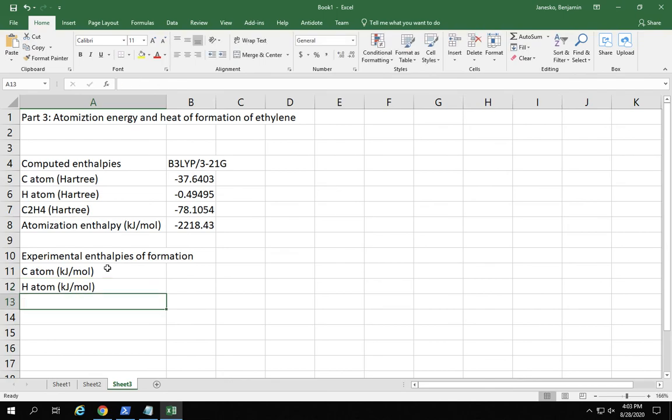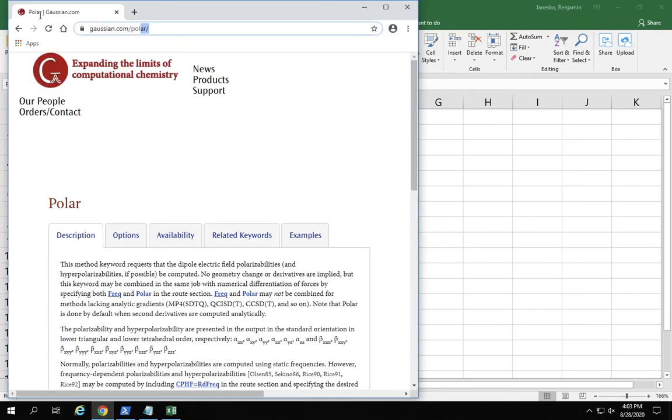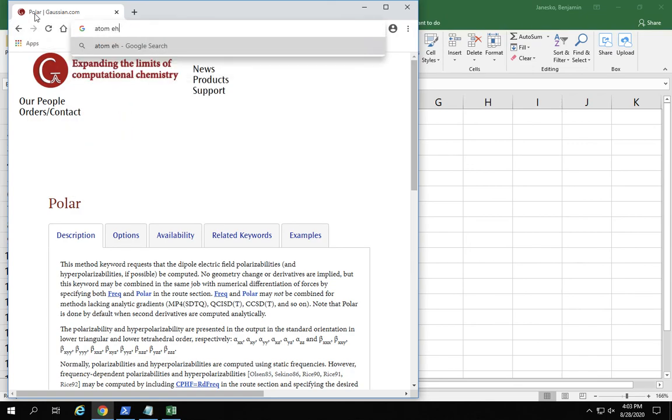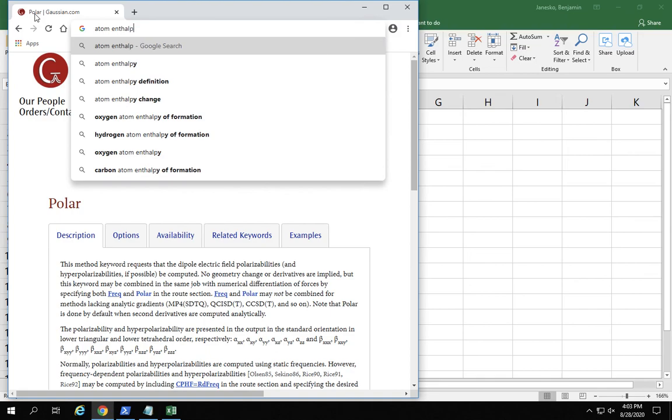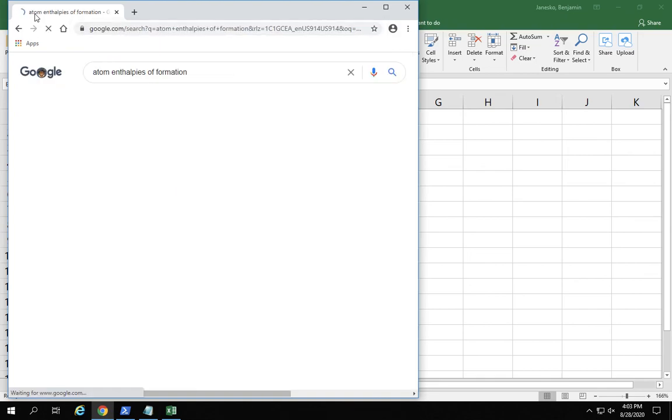And so we get the heat of formation. So, carbon atom, let's just look up atom enthalpies of formation.